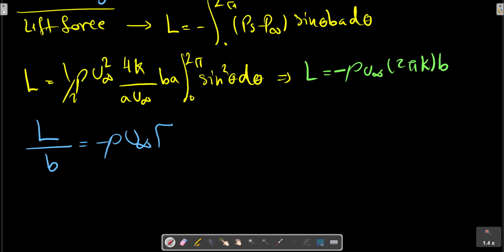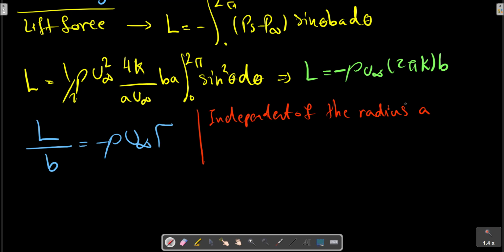Note that the lift seems independent of the radius a of the cylinder.